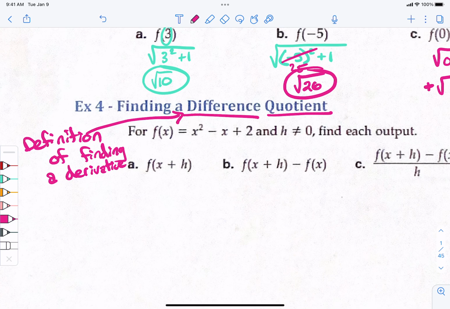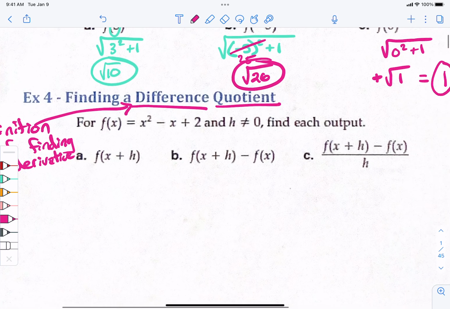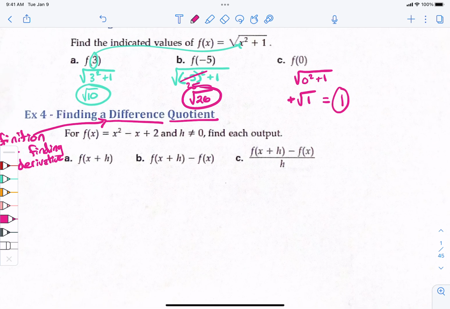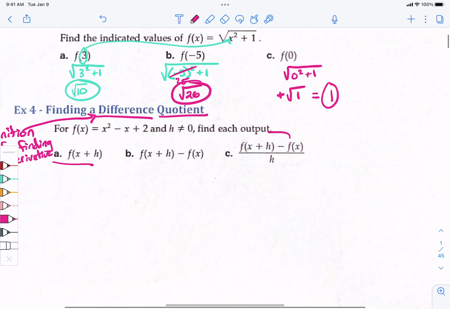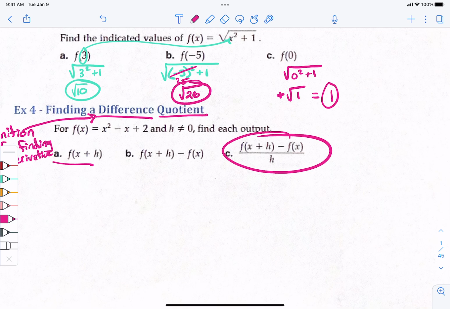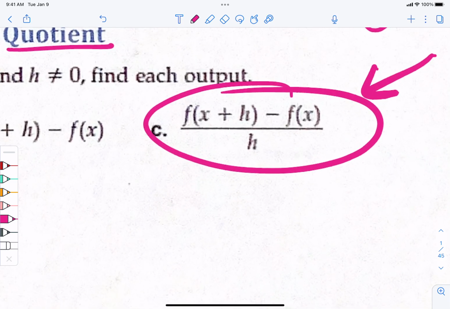Now, in calculus, we learn really simple ways of finding the derivative, but this is finding it using the definition of derivative, okay? So, just FYI, A, B, C, they have baby stepped it for you. This is actually the difference quotient right here. If they ask for the difference quotient, they want you to calculate this entire thing. But it's like 3 pieces in one, right?